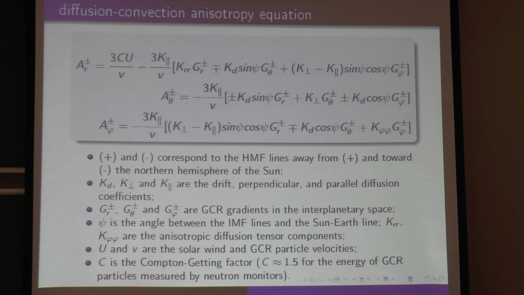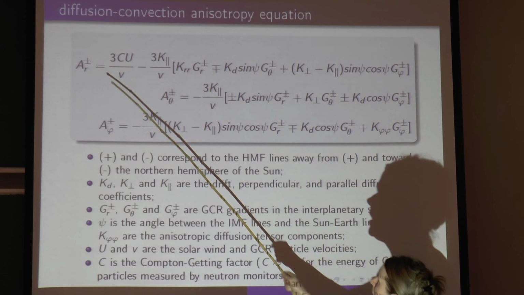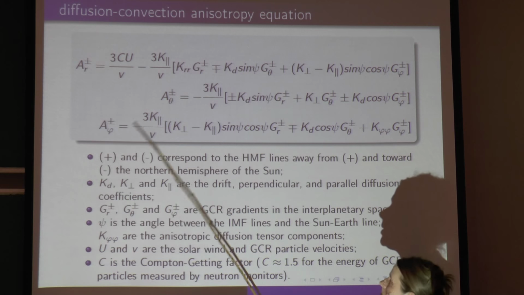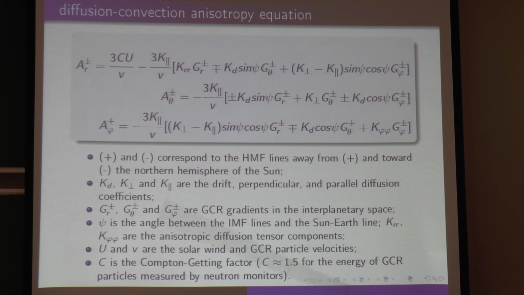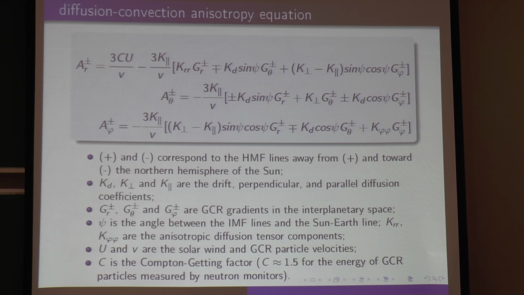If we write the diffusion-convection equation, this is the diffusion and convection part, and if we successfully obtain these components from measurement, we can calculate different modulation parameters, for example diffusion coefficients, density gradients, and the ratio of the diffusion coefficients.